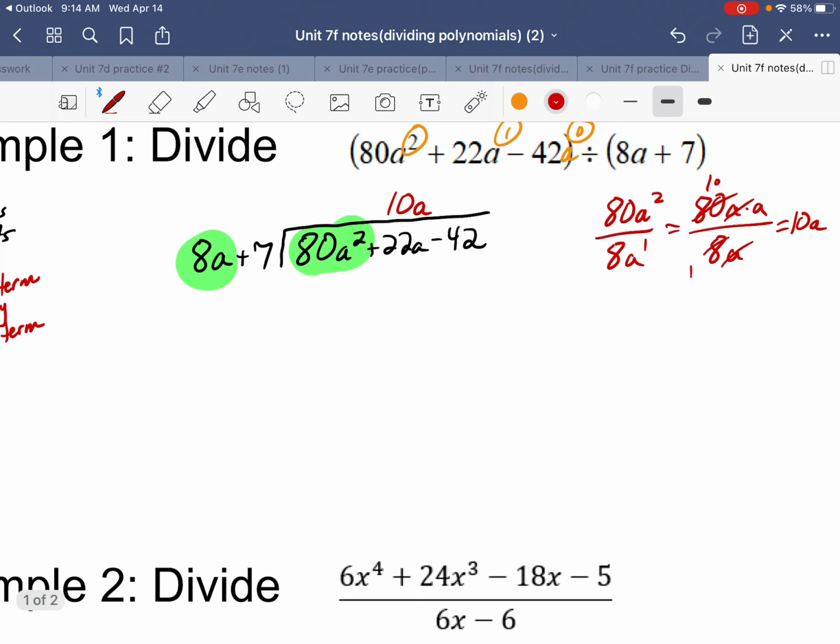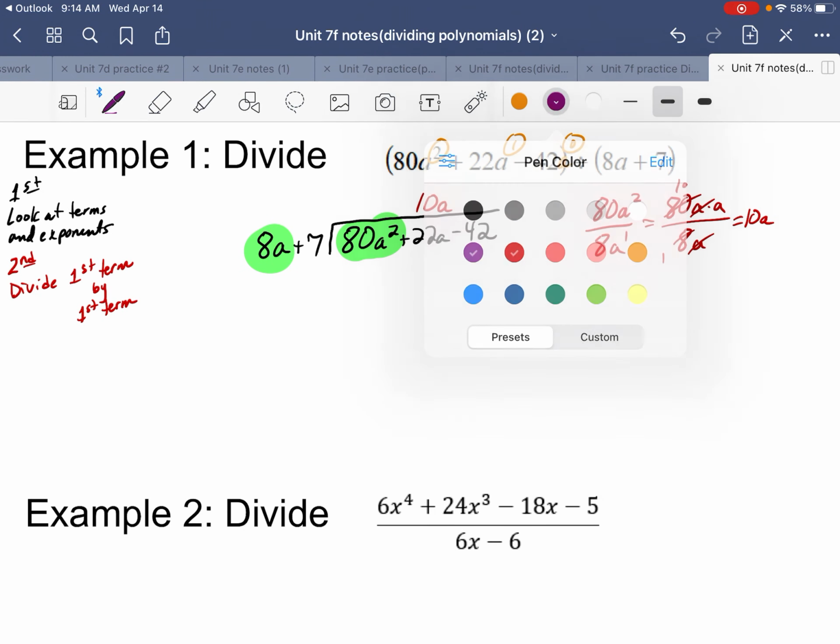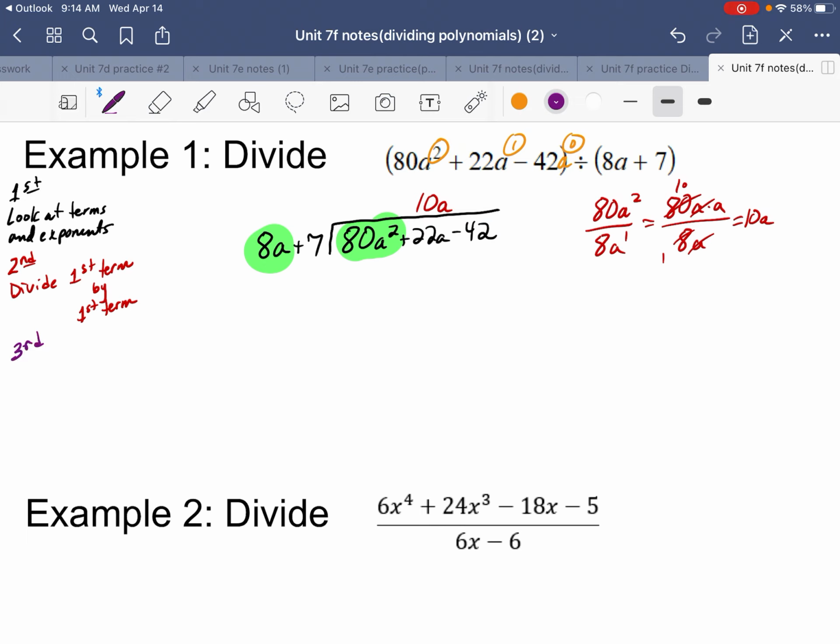Now, after you divide the terms, the next step is to multiply your answer from step 2 times the binomial, the thing you're dividing by.